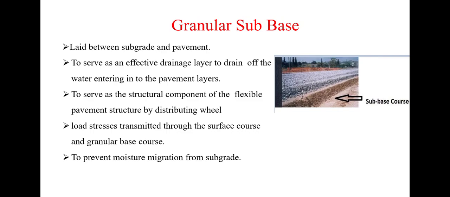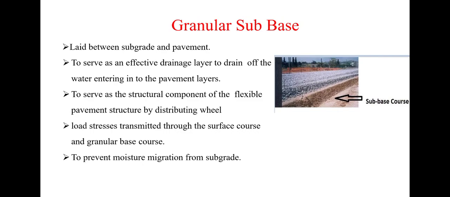Hence, in case water reaches the pavement through saturated soil subgrade, then this granular subbase will provide quick drainage to water and reduce the adverse damaging effect of water in the soil. Also, it will help us serve as the structural component of the flexible pavement by distributing the wheel load over a large area.